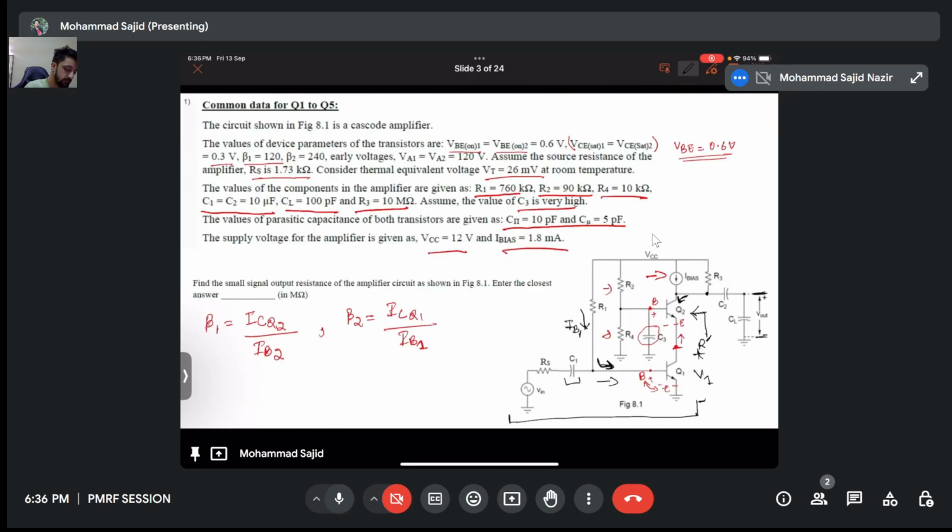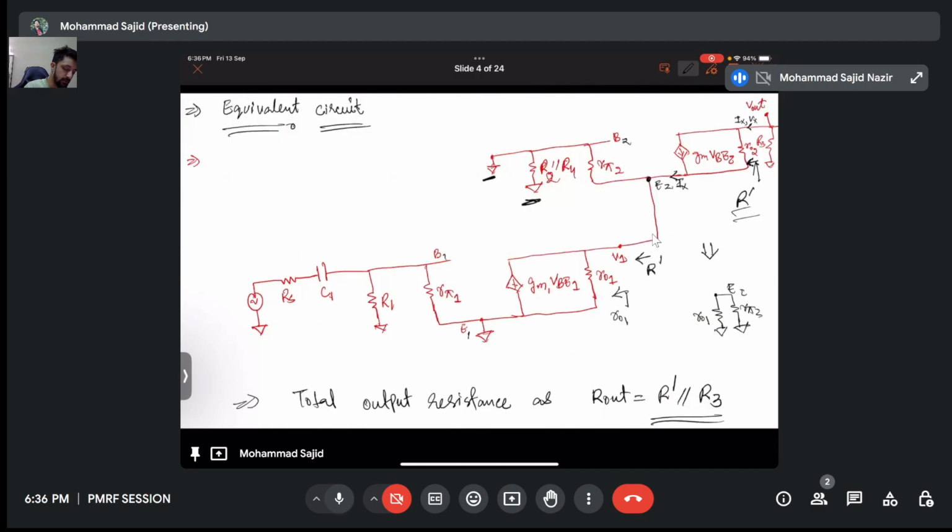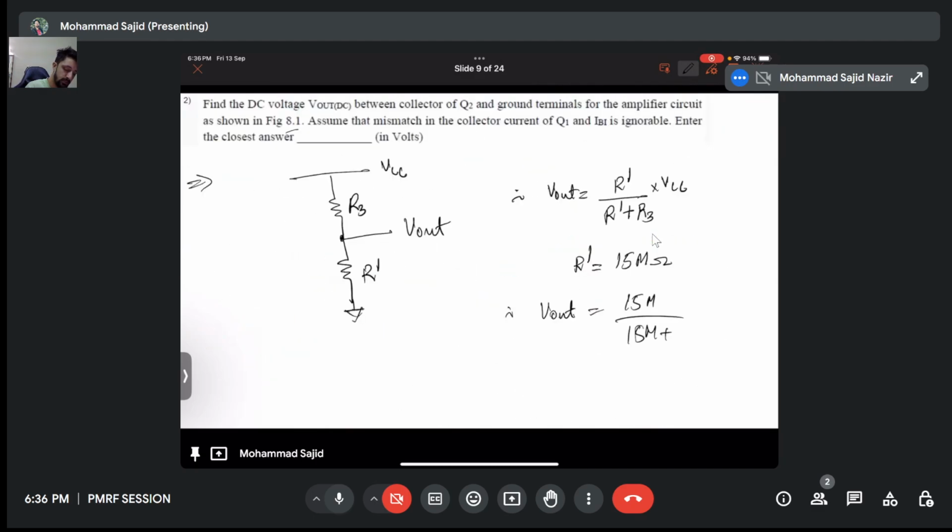What is R3? 10 mega. Multiplied by VCC, which is 12. This is 15 by 25 multiplied by 12. That is 7.2 volt. So this is how you can calculate in this section. I hope it's easy.